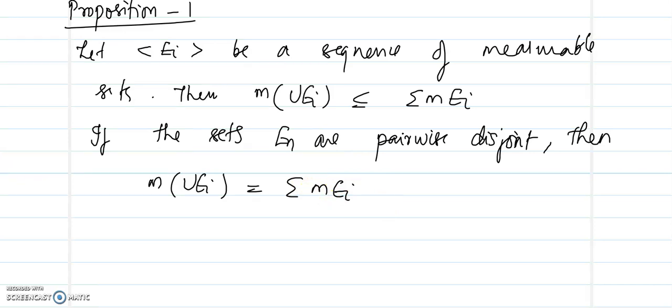For the first part of the proof, we'll use the fact that all properties of m star are satisfied by m on the set of all measurable sets. Okay, so let us look at the proof.